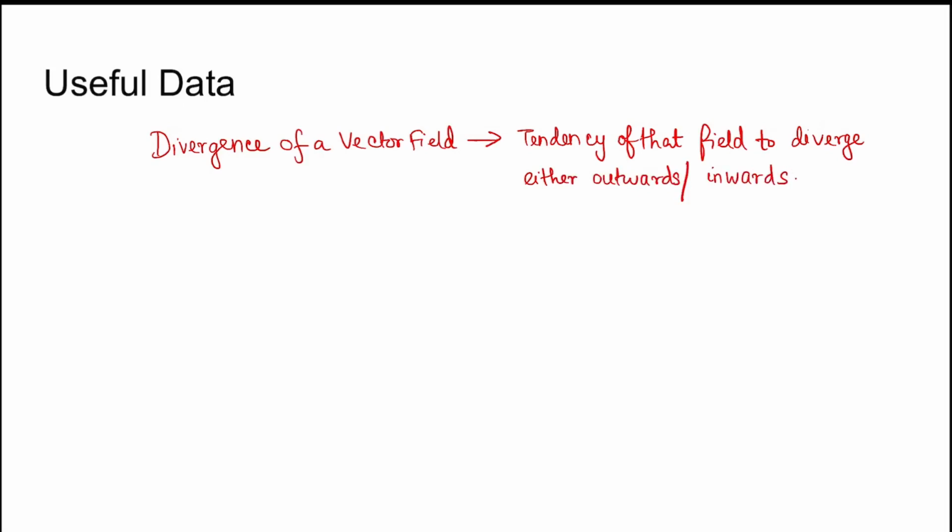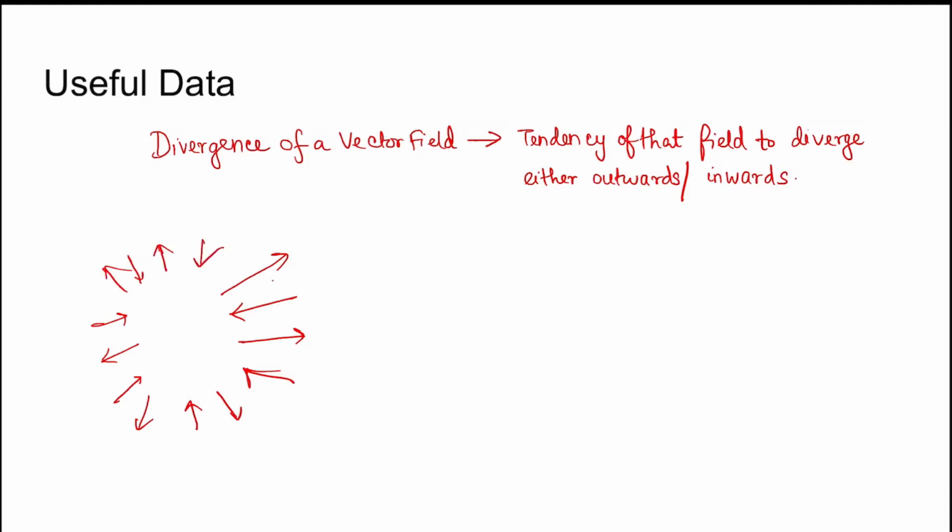For example, if you are given a vector field like this, then as you can see, this vector field is going out and in.